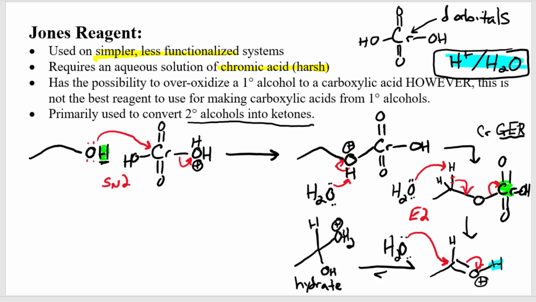So we're just going to repeat the SN2 E2 again. So what we've done here is an acid catalyzed 1,2 addition, right? Which generates a little bit of hydrate, and that hydrate can react with another chromic acid.